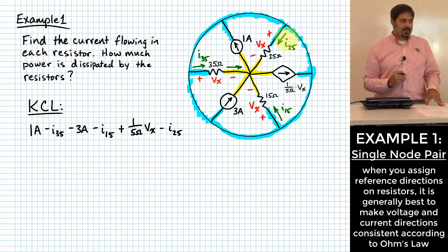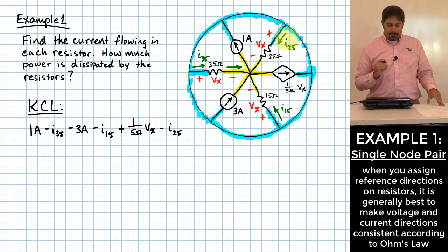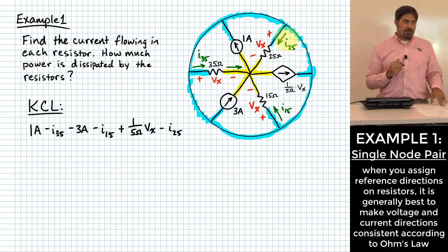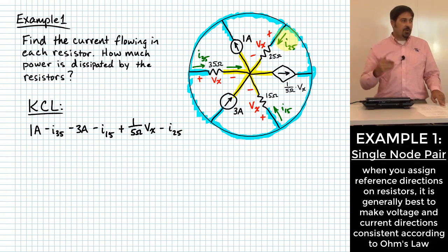But is that based on some principle, or is that something that we chose? Hypothetically, you could flip those, but you would then have to keep a note somewhere in the back of your head that I-35 and Vx don't directly obey Ohm's law. There's an extra sign you have to put in there, right?